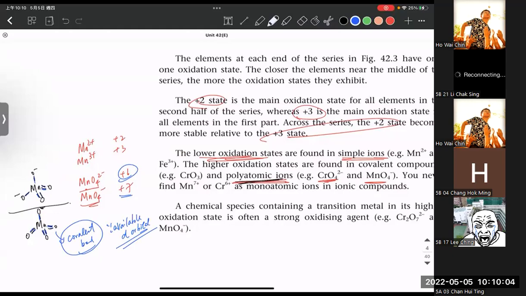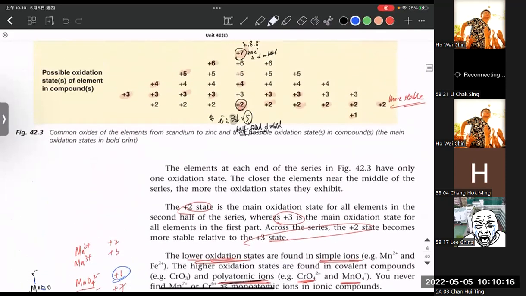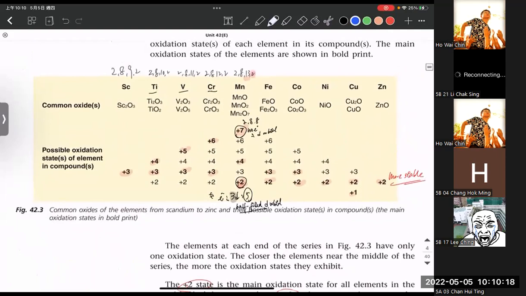And one more point I would like to mention here before we end up the lecture today is that the transition metals, when they have high oxidation state, will be a stronger oxidizing agent. For example, this one is dichromate, and this one is permanganate.